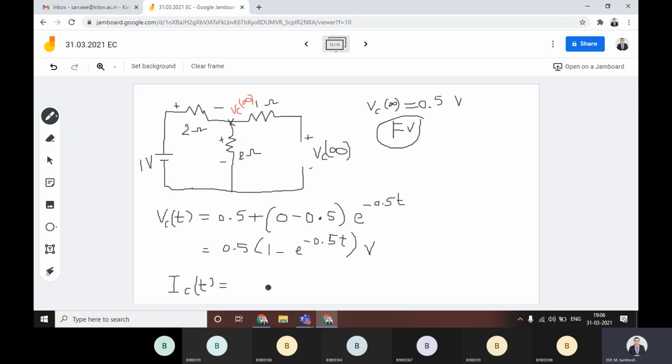Can anyone tell us? C into dV by dt. What is the C value here? 1 farad. 1 into d Vc of t by dt. That's what you have to calculate. Has anyone calculated Ic of t?